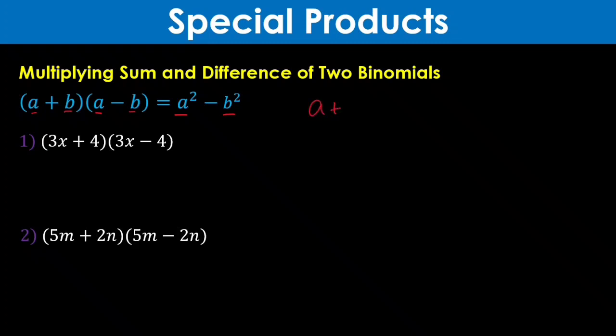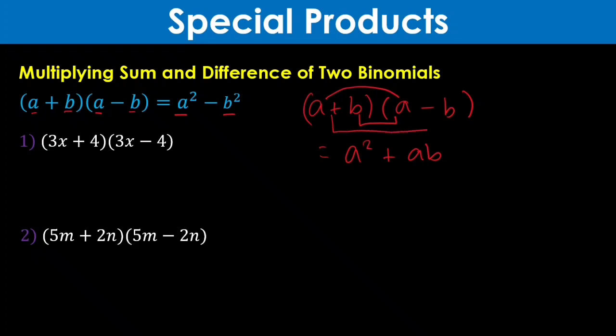Let's find out if this is really correct or true. So a plus b times a minus b. Again, we'll use the FOIL method. The first terms first, that is a squared. And then the inner terms, that's positive ab.